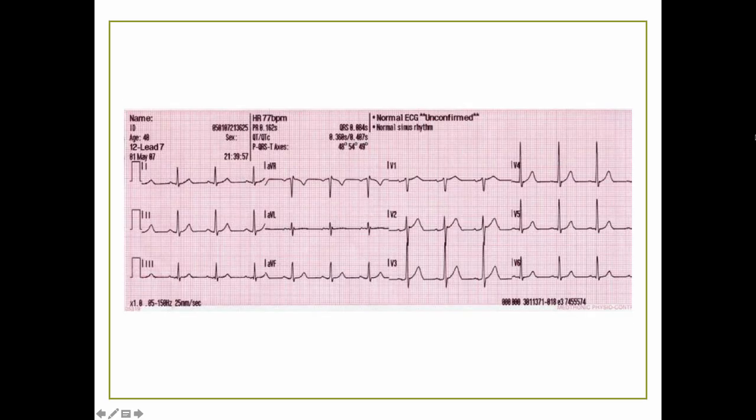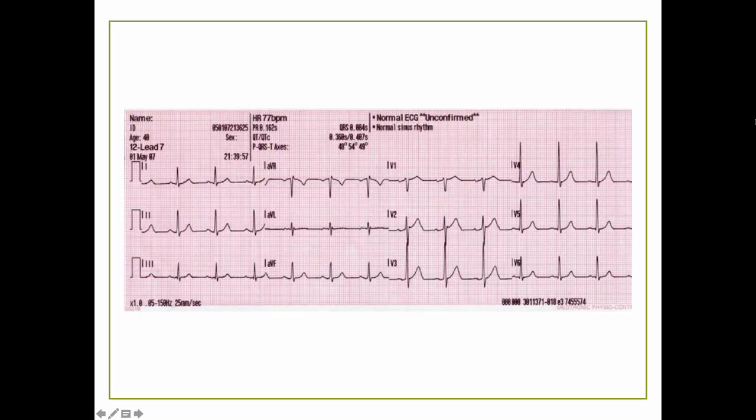EKG 3, R wave progression. V1 is negative, that's a good thing. V6 is positive, that's a good thing. Where is the transition zone? V1 negative, V2 is kind of equiphasic there. Might be a little bit more negative than it is positive, but V3 is much more positive than it is negative. So V2 or just after V2 is our transition zone. So that's going to be an early R wave progression.